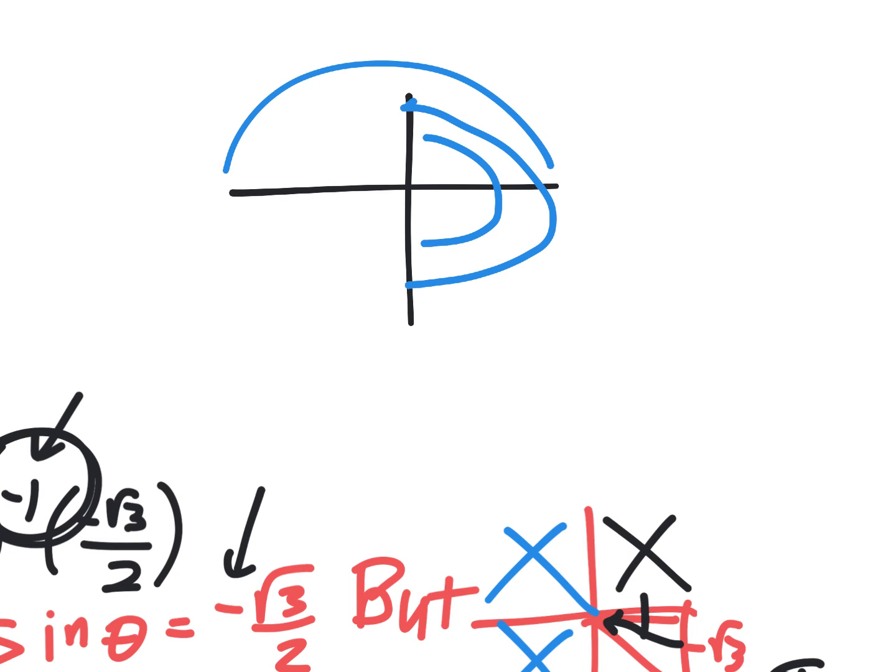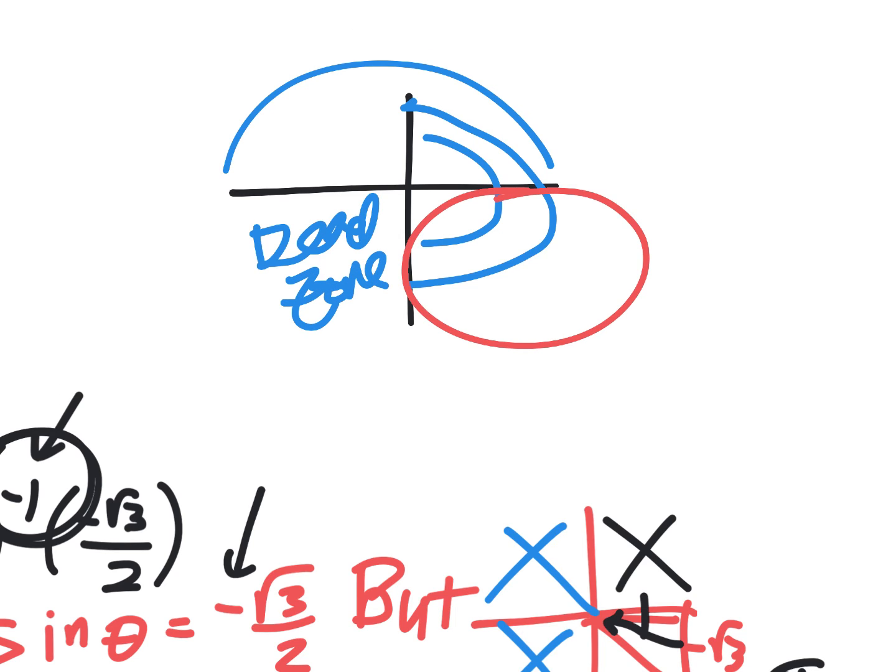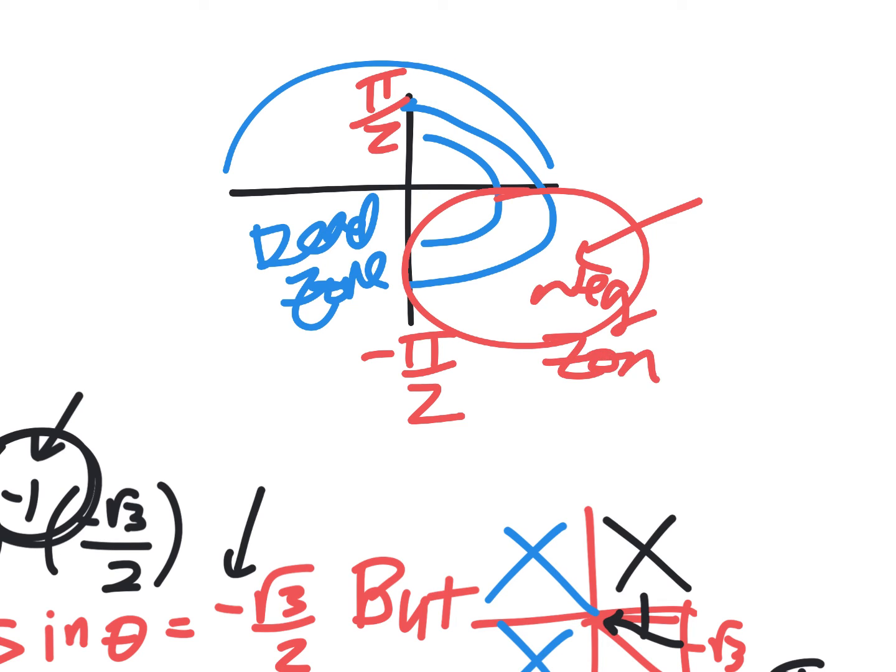And then do you remember that this is the dead zone? You'll never get an answer there in inverse trig. And last but not least, because our restrictions are from pi over 2 to negative pi over 2, you remember that? That's forcing this to be the negative zone. Your answers will always be written, if they're in there, they'll always be written as negative something.